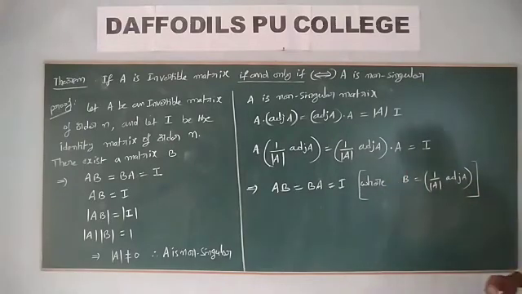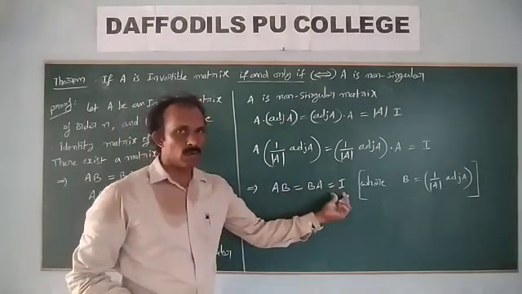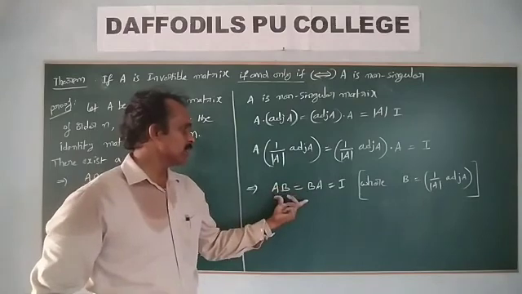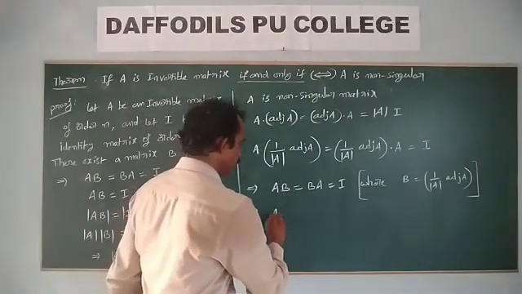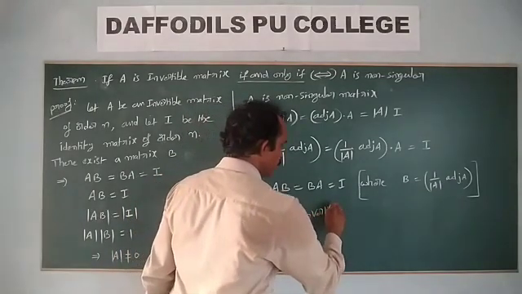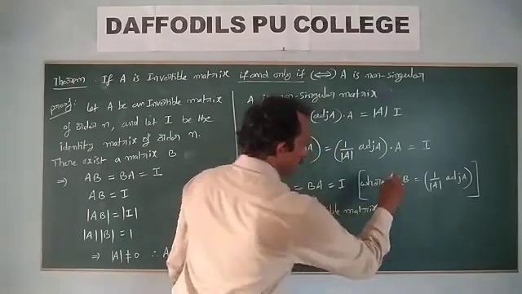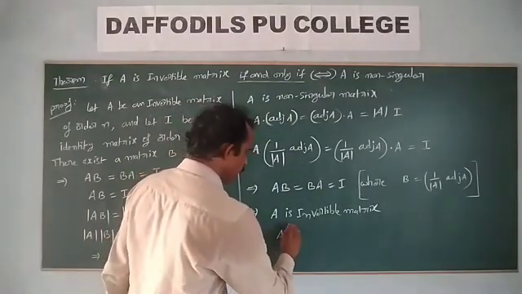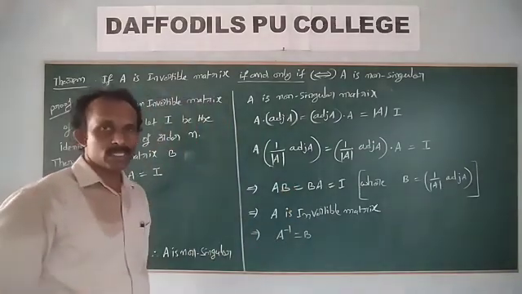From this, AB is equal to BA is equal to I. Then from the definition of the invertible matrix, A is an invertible matrix, and that implies A inverse is equal to B. Here B is called A inverse.